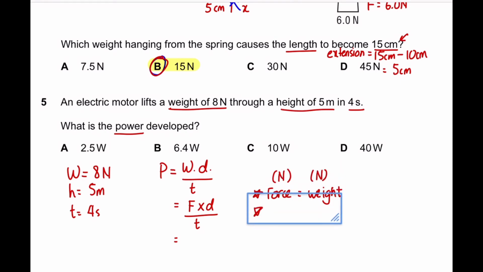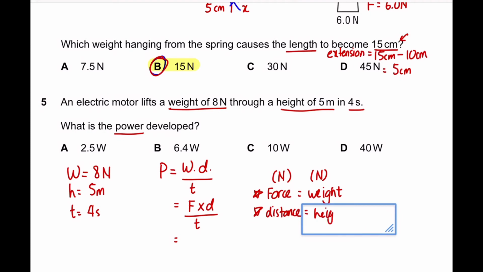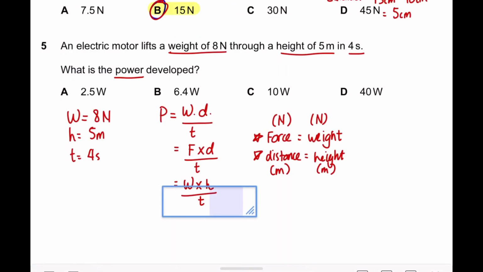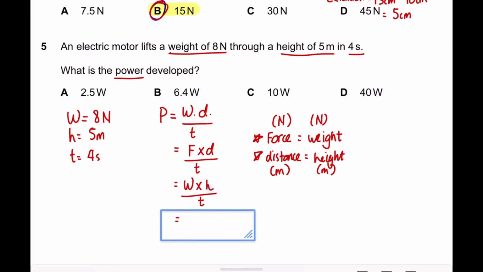And the distance in this case is the height, as both of them share the same unit as well. So we can replace force with weight and distance with height, again divided by time.